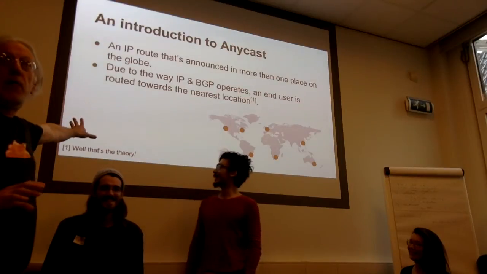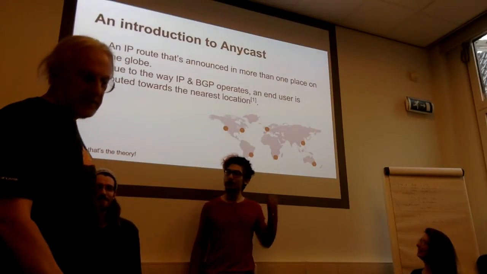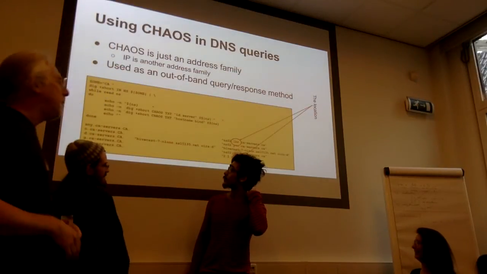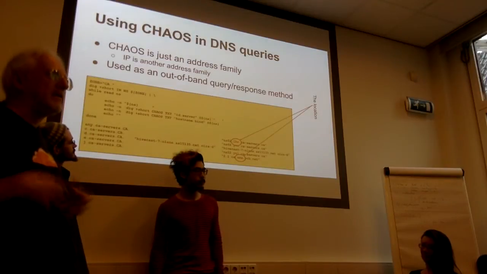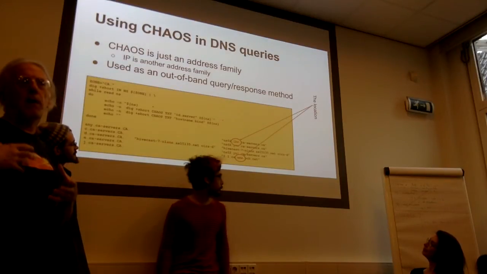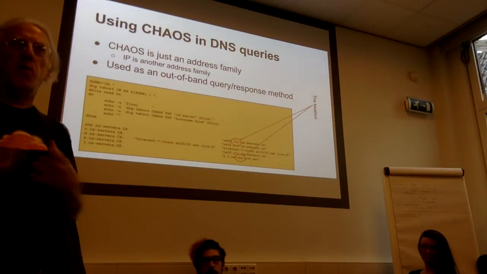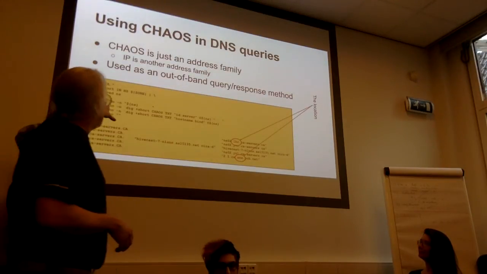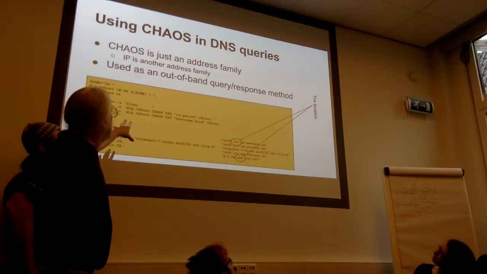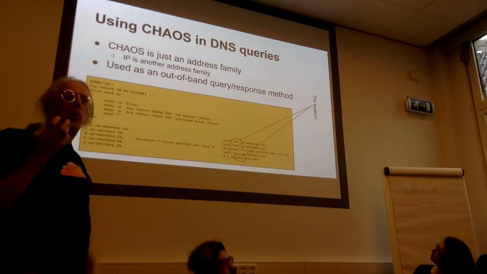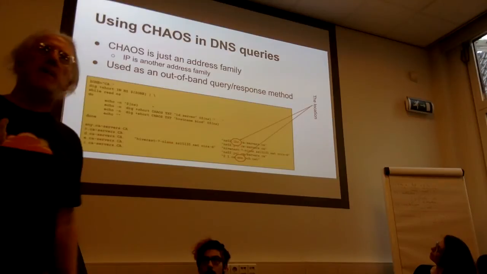That's theory. Because in practice, life is slightly different, and hence that's why we want to do this measurement. So this is the method that we're using to measure. This is built into Atlas, and people have started well before Atlas was actually created to use this as a way of measuring. So what we've got here is a simple script that you can run in many different environments, and it does a DNS query with a string from the chaos family versus the IP family.